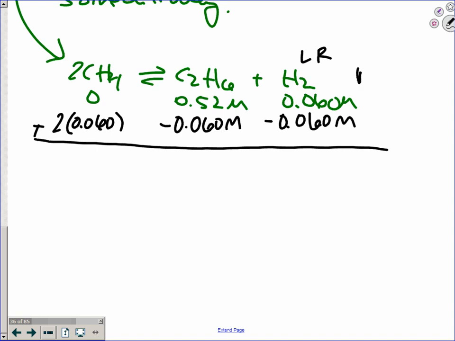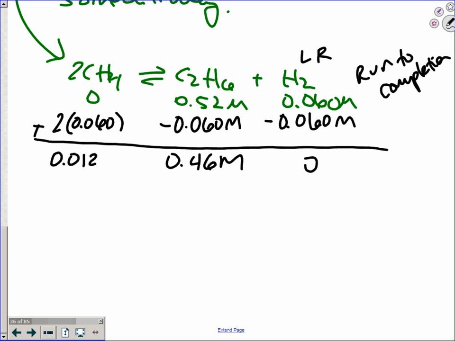We're letting this run to completion first. So we have 0 of this. We have what? 0.46 molar. And then we have made 0.012 molar. Is that math right? Yeah? Okay. So now we have allowed it to run to completion.